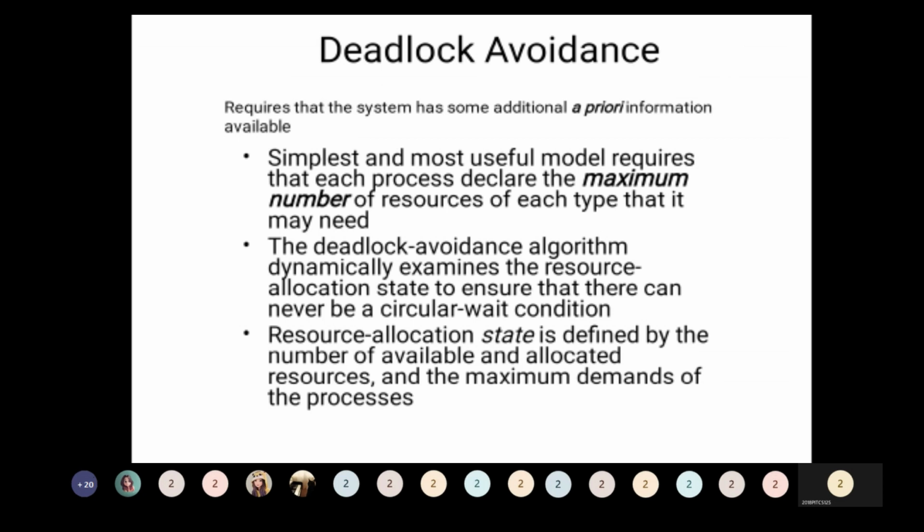Resource allocation state is defined by the number of available and allocated resources and the maximum demands of the processes. So the resource allocation state shows the number of available resources, the number of allocated resources, as well as the need of the process.